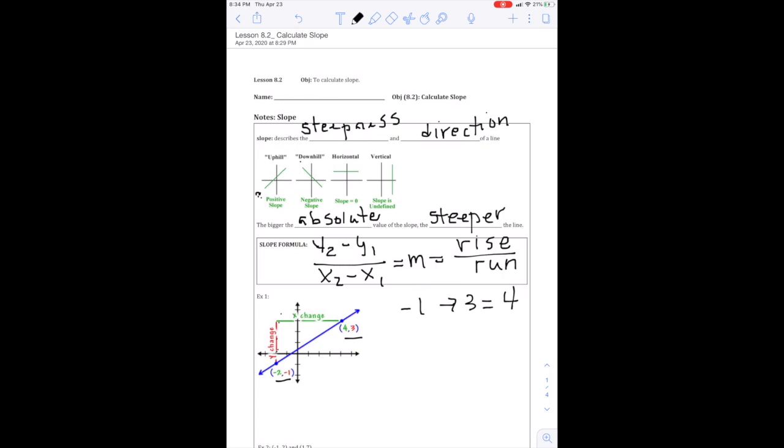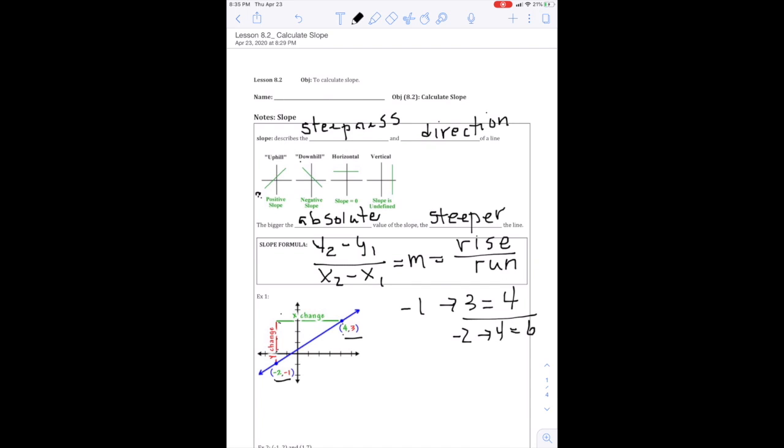When I want to change the x value, I'm going from -2 over here to 4. So I'm looking at the values of the green, the run, versus the red, which represents the rise. So the run then goes from -2 to 4, which is a total of 6.